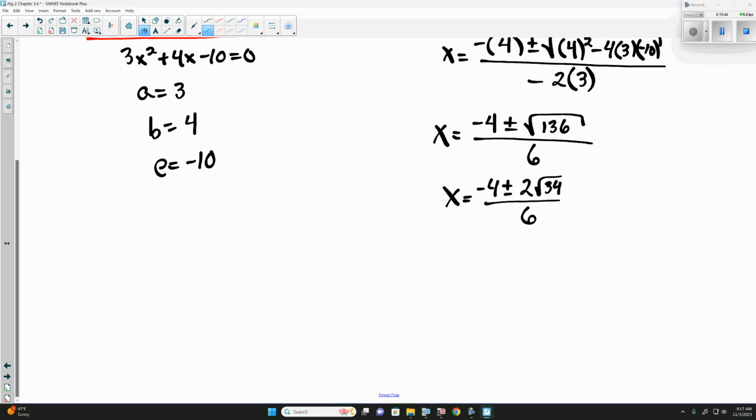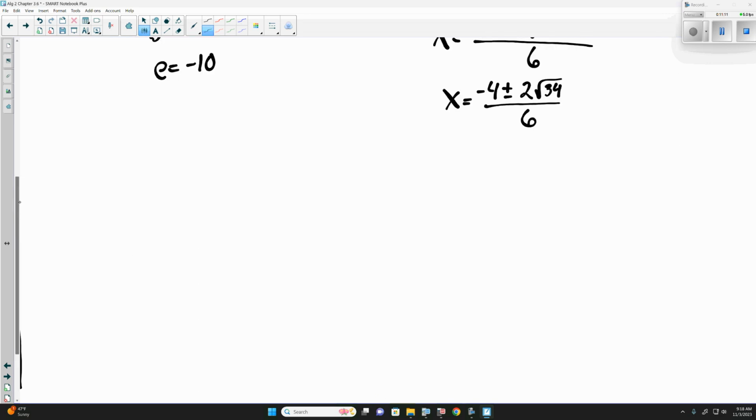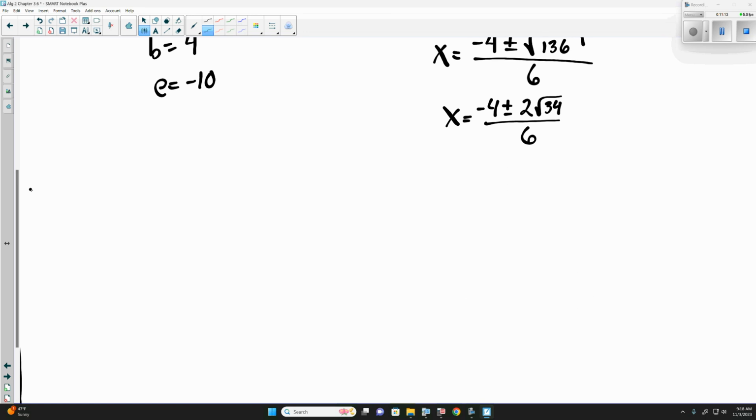The 6 is 2 times a, so 2 times 3 gave us 6. Is there a greatest common factor between the two terms on top? 4 and 2 share a common factor of 2. Does it share it in common with the denominator? Well, yes. All three do have a common factor of 2. So we can simplify this.